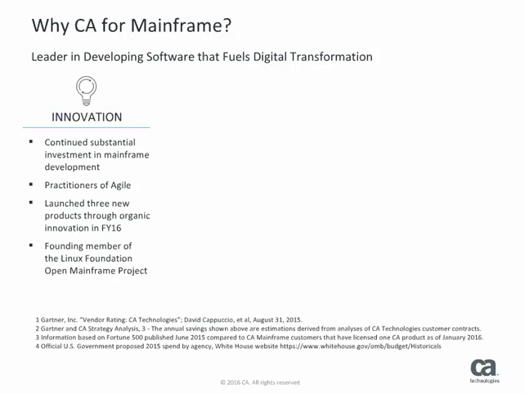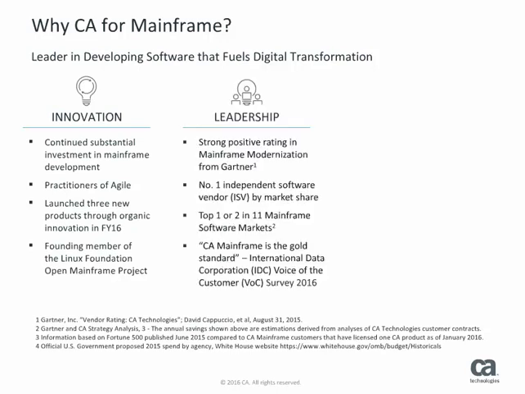CA Technologies launched 3 new products through organic innovation in FY16: Data-Centric Security, CA Unified Infrastructure Management for Z Systems, and CA Workload Automation for Hadoop. CA Technologies is the founding member of the Open Mainframe project. As regards leadership, CA Technologies is the #1 independent software vendor, ISV, by market share, and the top 1 or 2 in 11 mainframe software markets.